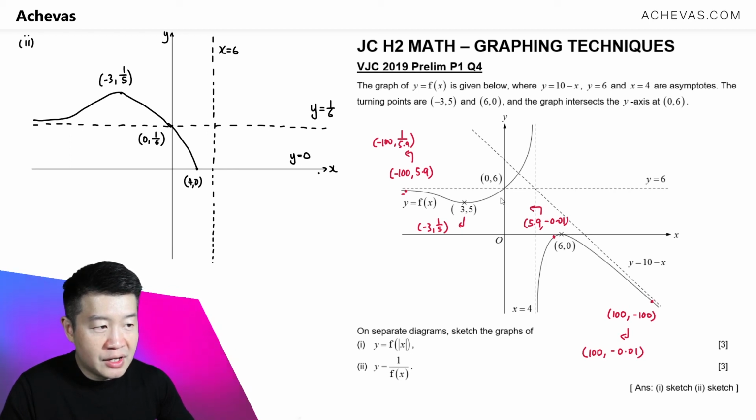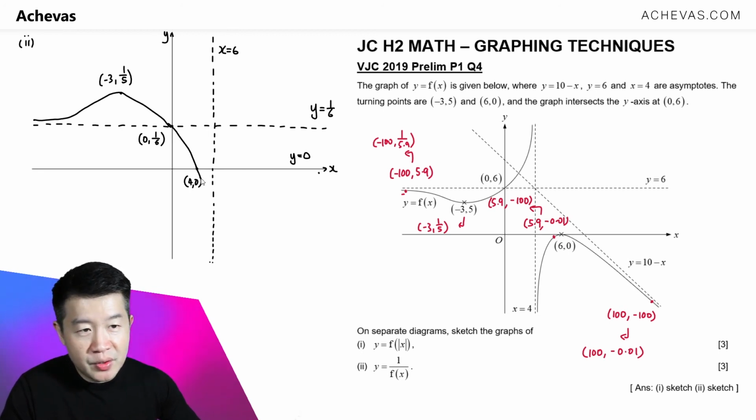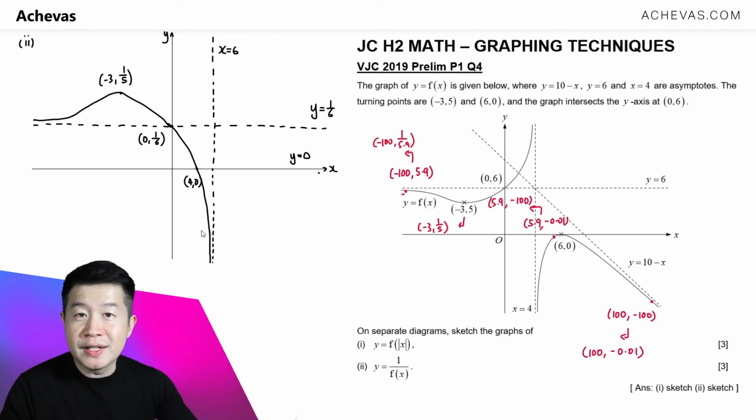So as it undergoes transformation, it will become 5.9 and minus 100. Okay, 5.9 and minus 100 will be something like this: this is 6, 5.9 will be slightly to the left, and minus 100 will be all the way at the bottom here. So now joining the points, we know that the graph is going to tend towards the negative portion instead of going back up towards the positive portion.